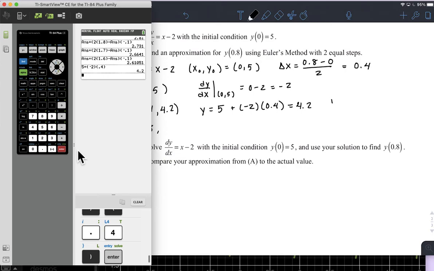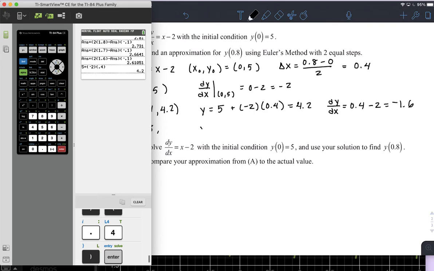Okay, so maybe I also want to know what the slope is at this point. So maybe it's easier to write it out like this. My slope at this point would be my x value of 0.4 minus 2, so it's going to give me negative 1.6. Right, and then we're just going to start the problem over again.